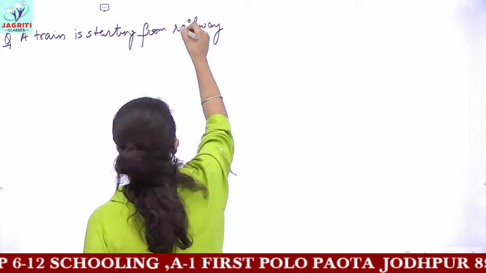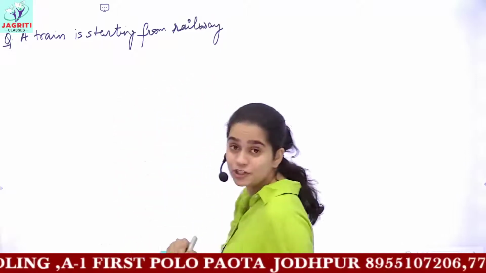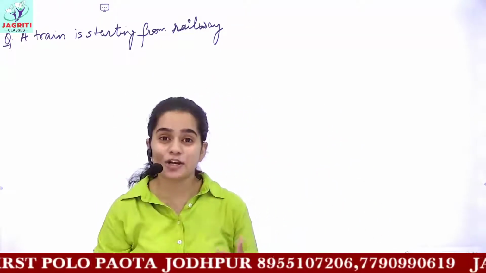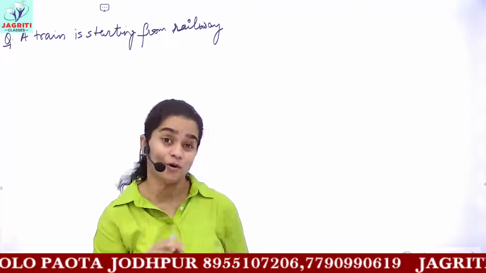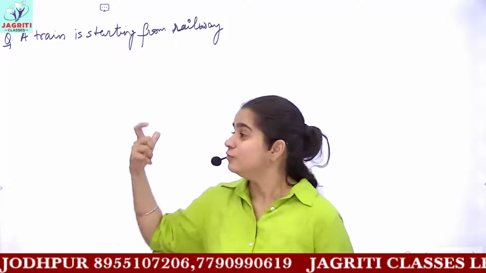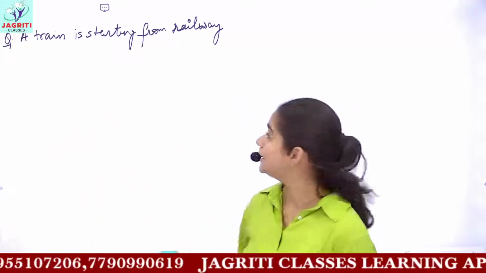Now you have to find acceleration. Similar to the previous question, here you have to write the given points, that is the initial velocity and the final velocity. Already it is not directly given. You have to judge and say which value is for initial velocity and which value is for final velocity.